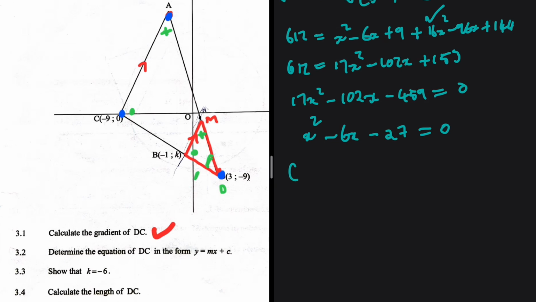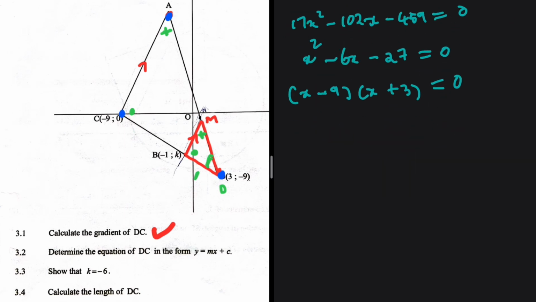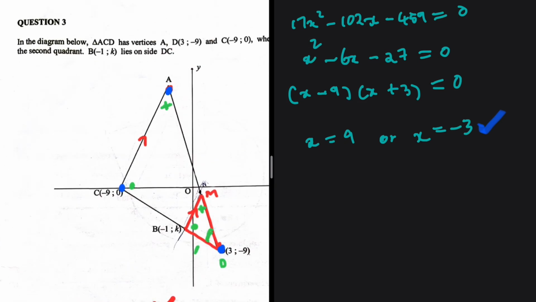Okay, so x minus 9 multiplied by x plus 3. I think this works. Yes, so x is equal to 9, or x is equal to minus 3. But I like minus 3 because A is in the second quadrant, so its x value must be negative.